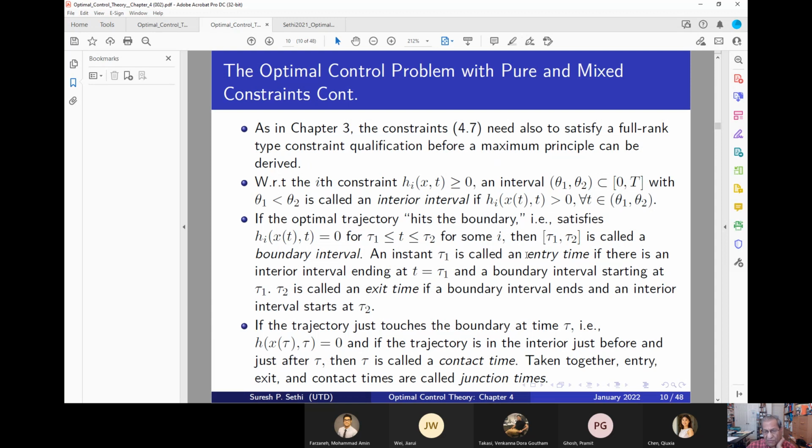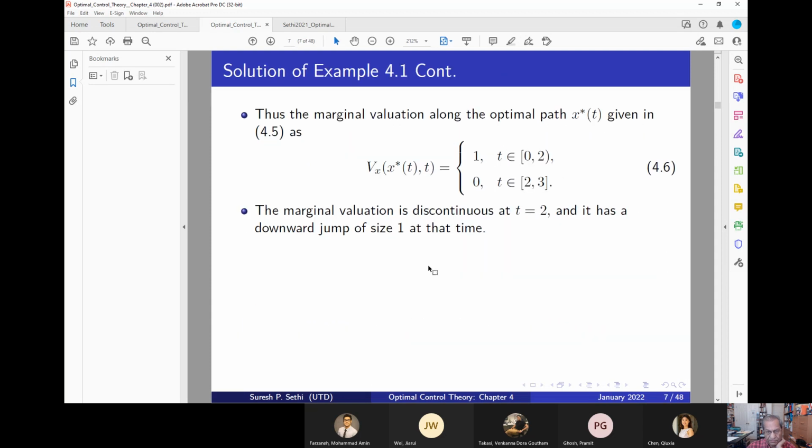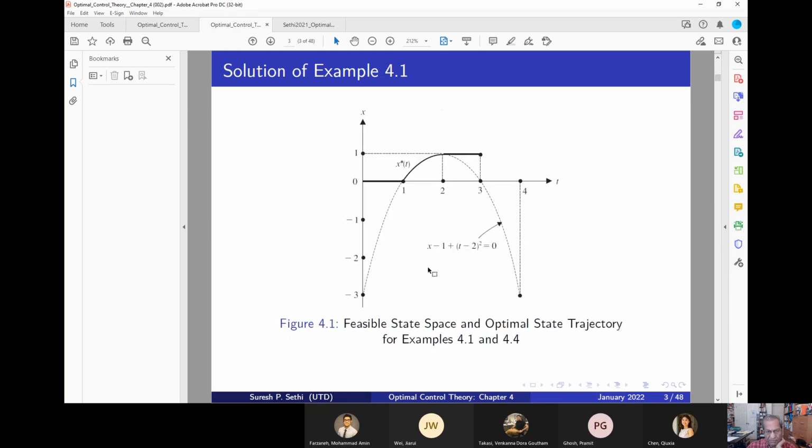And in this case, tau 1 is called the entry time if an interior interval ends at t equal to tau 1. So this is the entry to the constraint. And a boundary interval ending at tau 2 is called the exit time if the boundary interval ends at an interior constraint. So go back to the example.